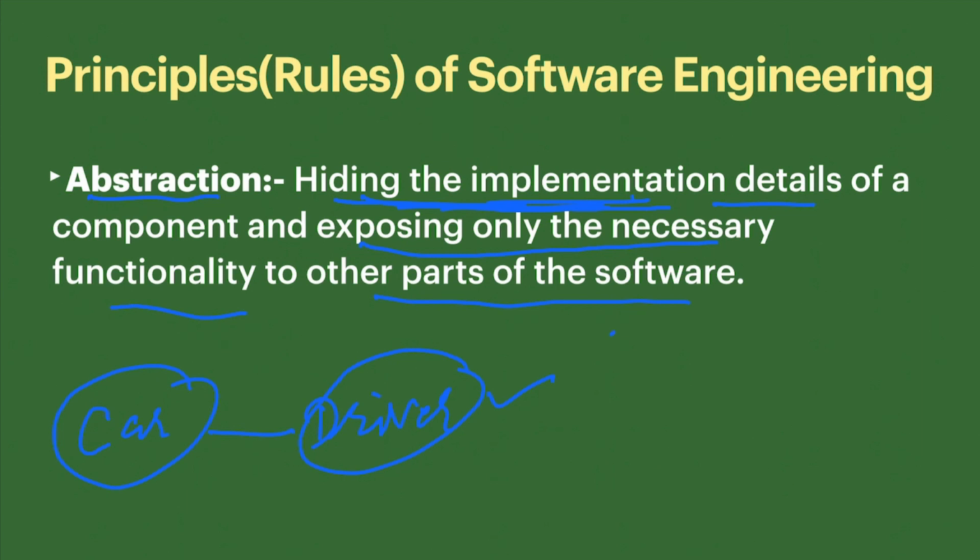Abstraction works in the same way: we always hide the implementation details of a component, because when we launch any software in the market, say WhatsApp or Facebook, users of Facebook, WhatsApp or any banking app do not know about the internal coding structure or how the internal components work.